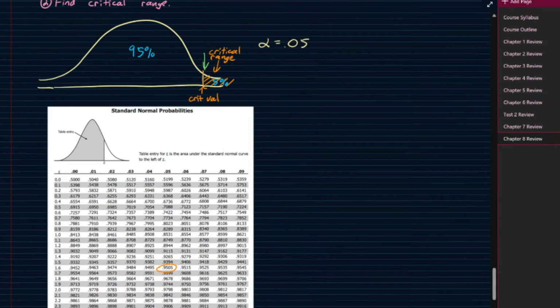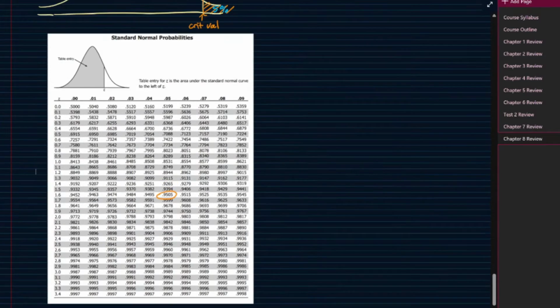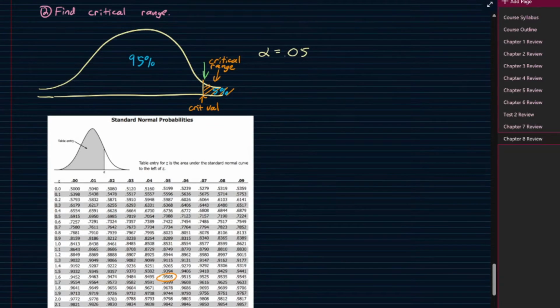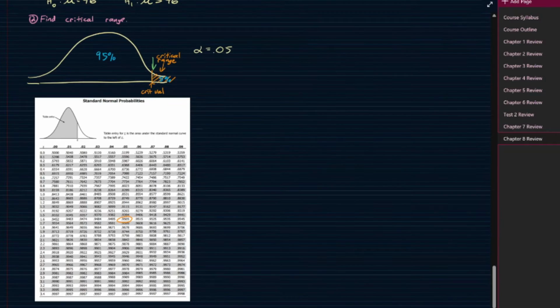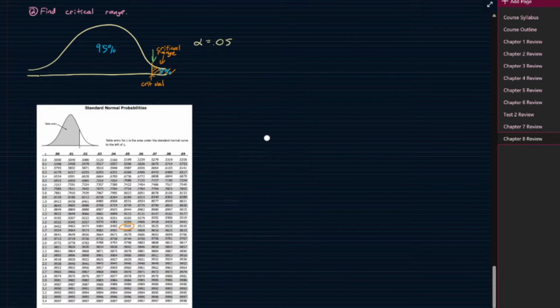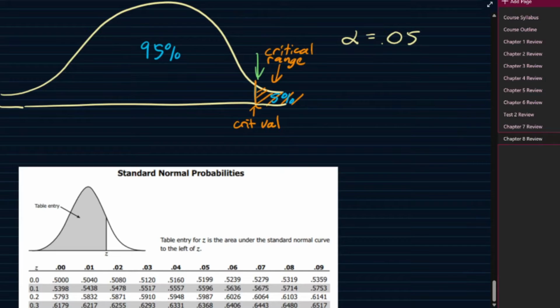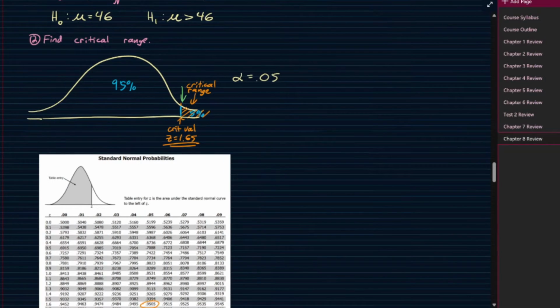Okay, so the critical range is anything bigger than 1.65. This is a z-value. It turns out that this critical value ends up being 1.65. So that's our critical value, 1.65.